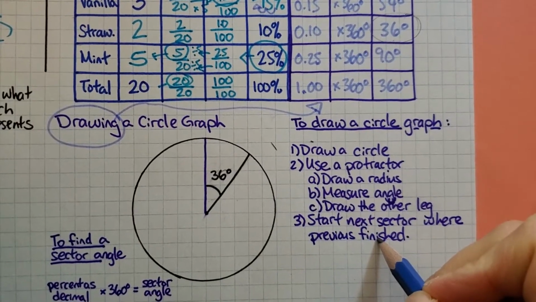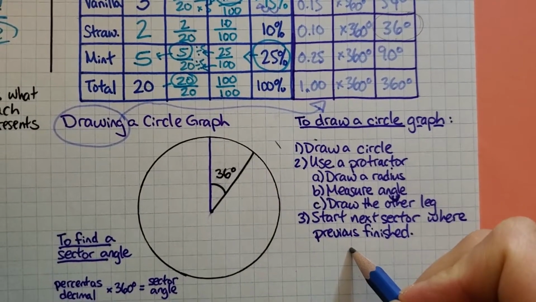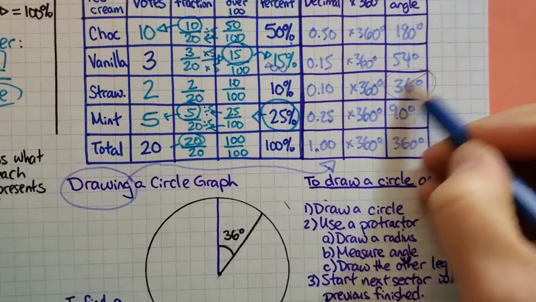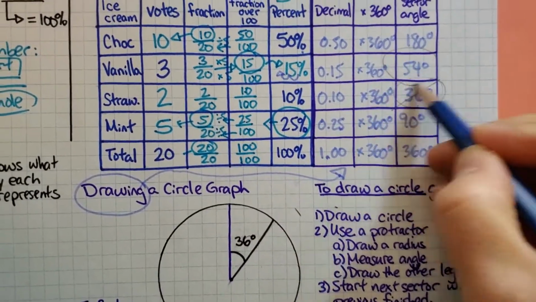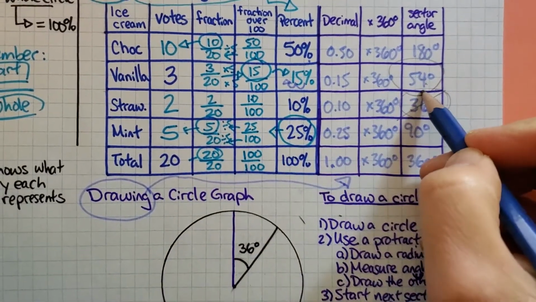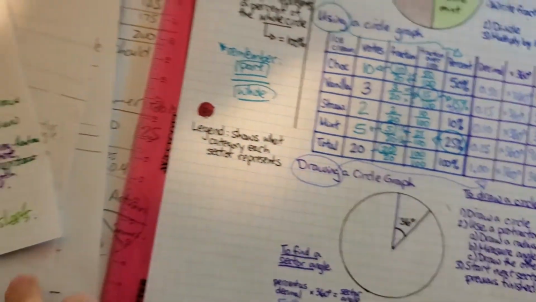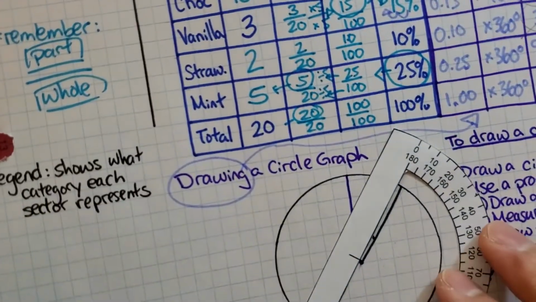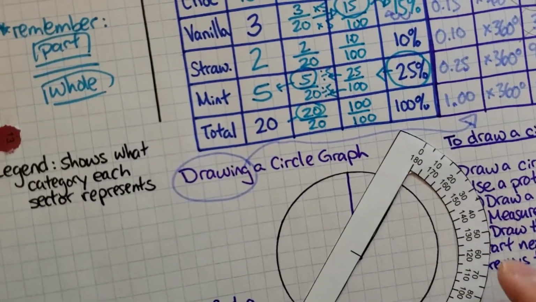Next step is to start the next sector where the previous finished. So let's find the next sector. Go back up to our chart. We did 36. Let's look at 54 degrees. That's our vanilla. So we go here again. We take our protractor. We line up that little dot to the guide.